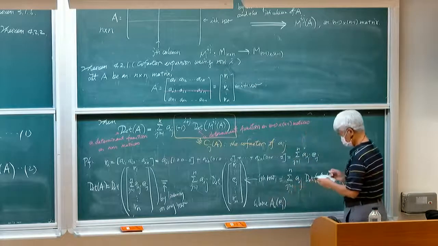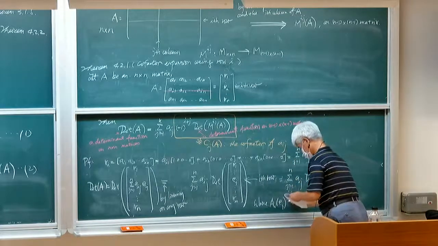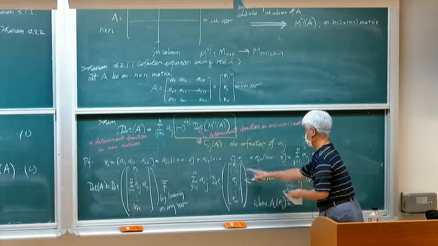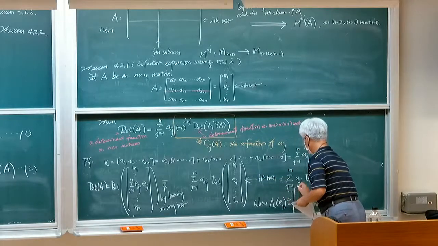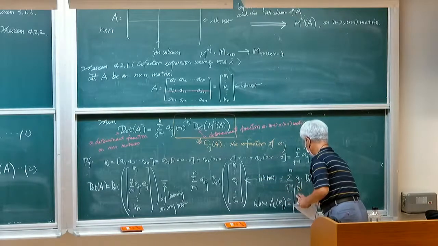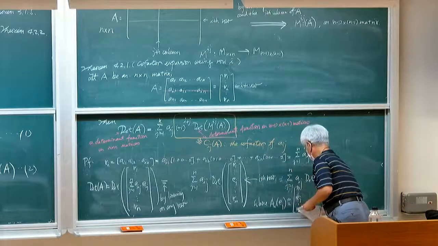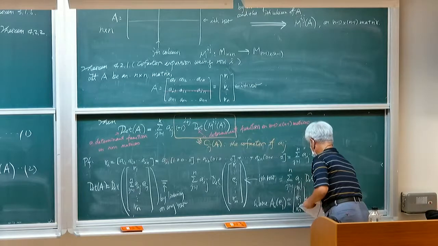Right? So this is defined to be this one: R1, dot dot dot, Ej, Rn. This is the ith row.